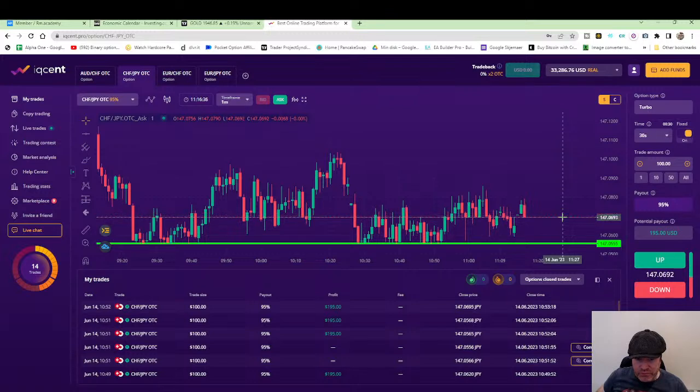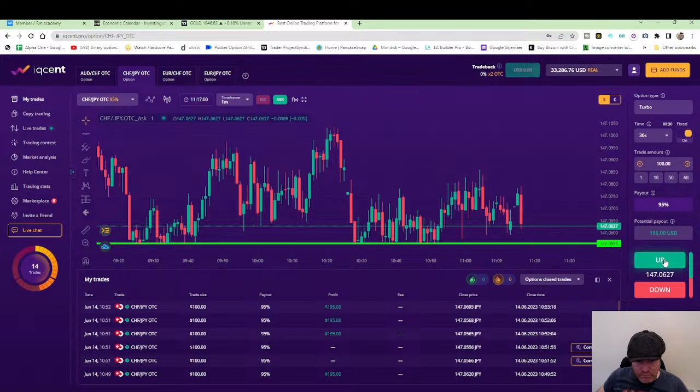Now we do have a support around this area here. Let's see if we break it. We did. Then there's a chance we can get a trade here now. Now let's see. We are ready. We are very close again now. Let's see. Not sure if we're going to get a big bar up like this again.